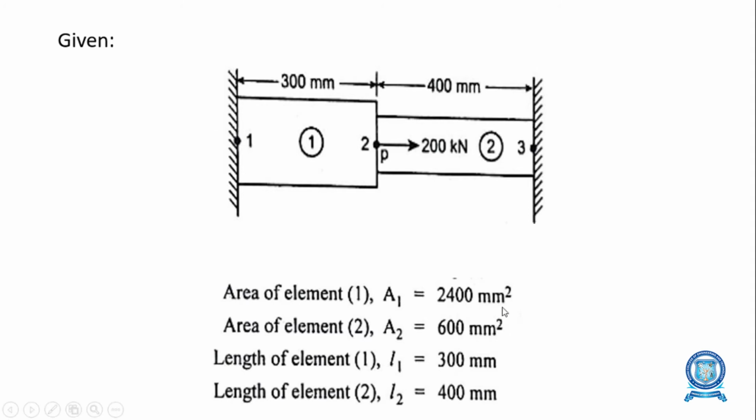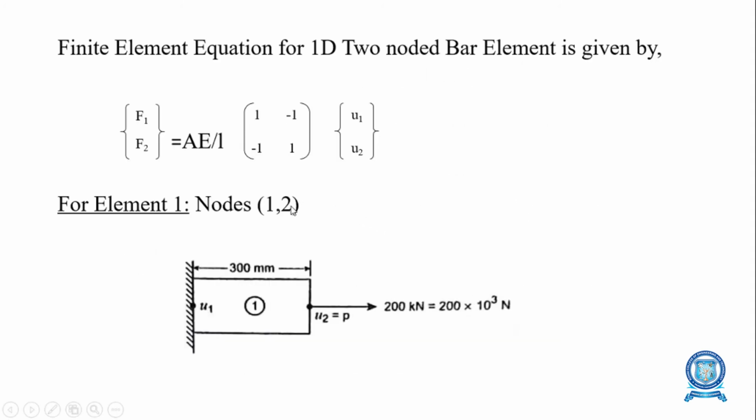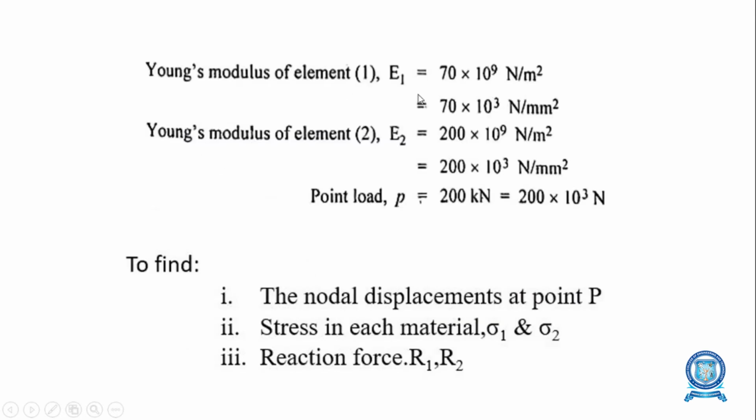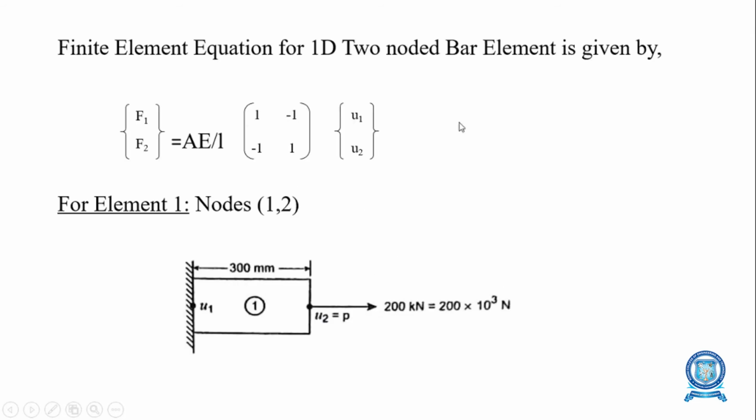Young's modulus for the first element is 70 into 10 to the power 3 Newton per mm square. The length of the first element is 300 mm.